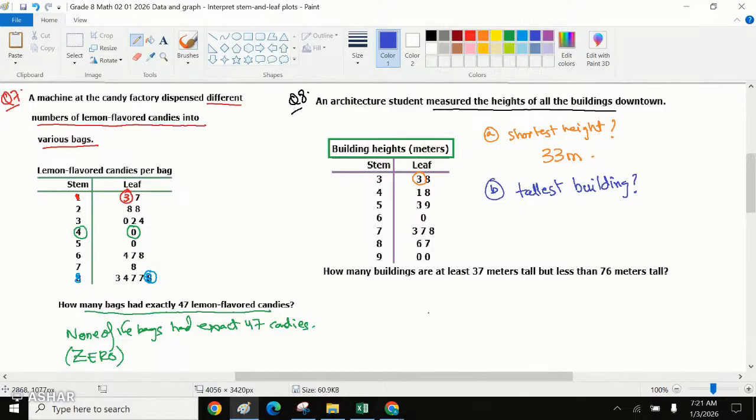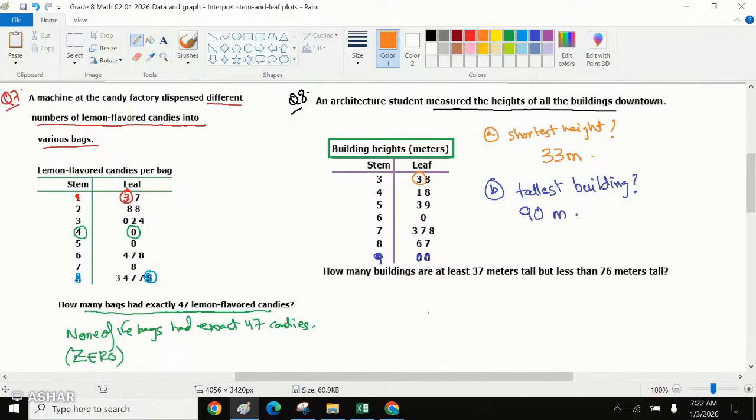It has to be in the maximum stem. When we look at the maximum stem, that is 9, right? So 9 had 2 zeros. That means there were 2 buildings which were 90 meters. If this had been a 6, then we would say 96 is the tallest. But it's still a 0. We say 90 meters is the tallest building.